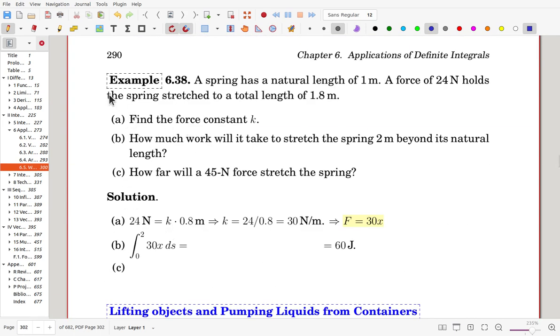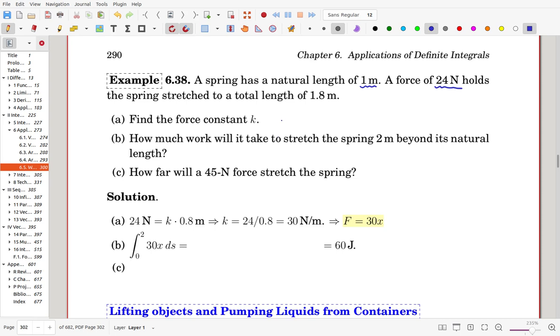Now, let's see this example. A spring has a natural length of 1 meter, and a force of 24 Newtons holds the spring stretched to a total length of 1.8 meters. That means the stretched length is 0.8 meters.